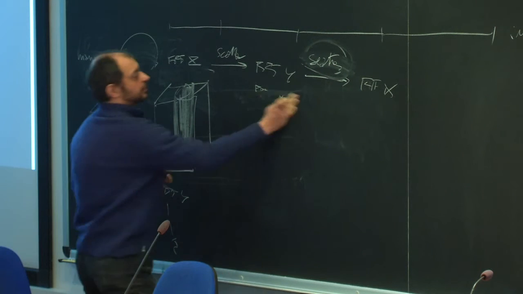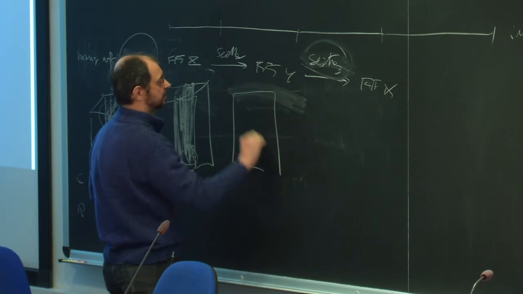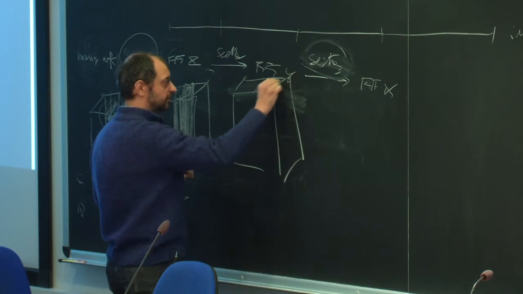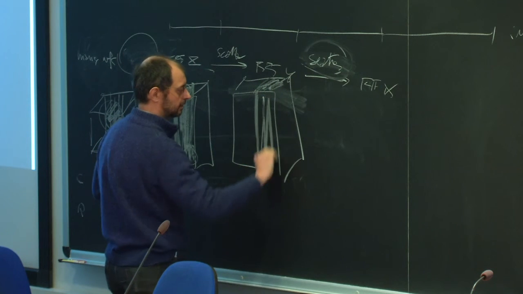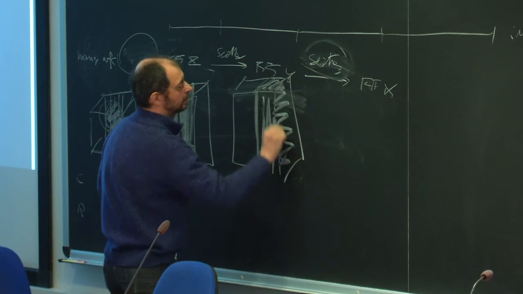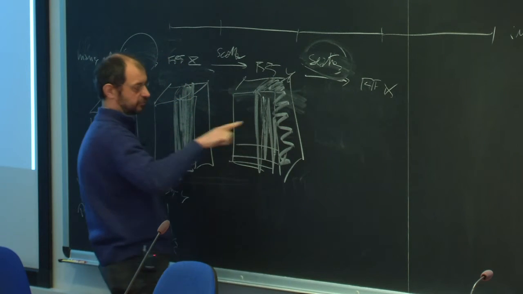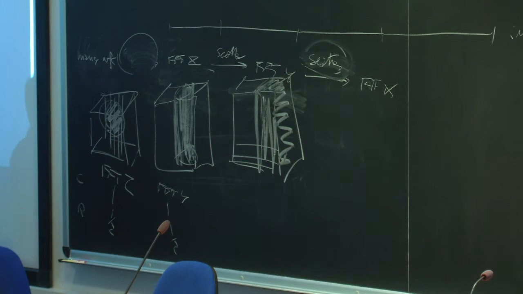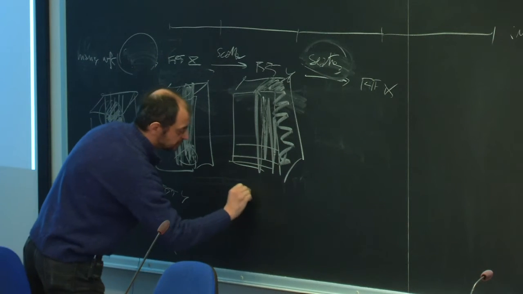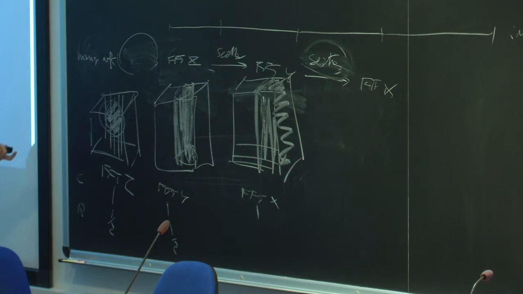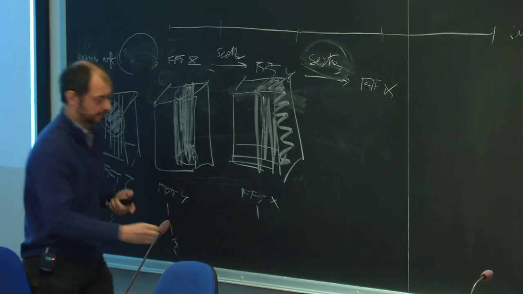And then when we do the third FFT along X, we have half of the cube, but now we want to make the Fourier transform along X. And so we can't gain anything, because we have to do all of them.